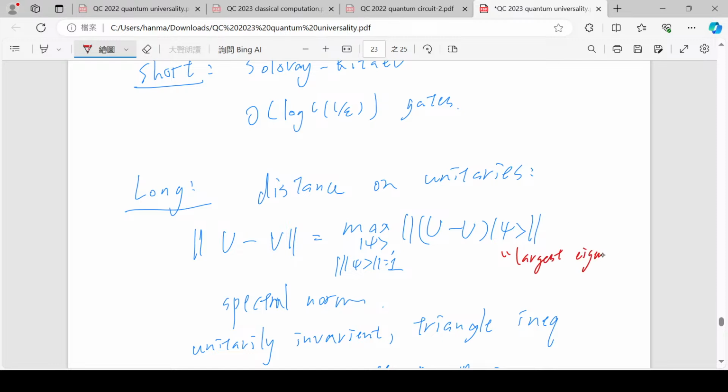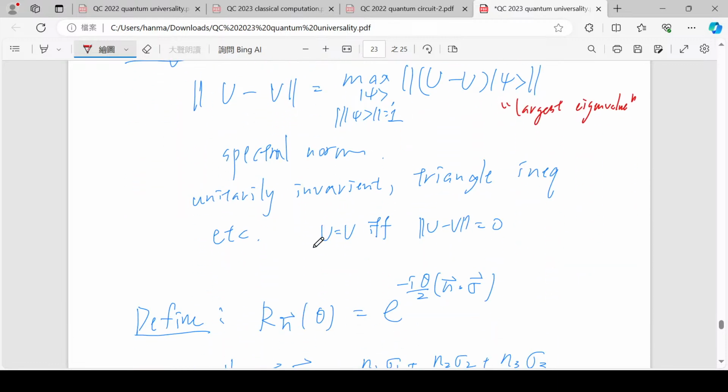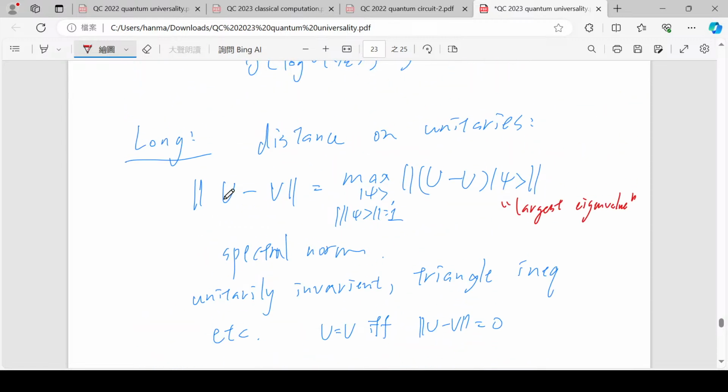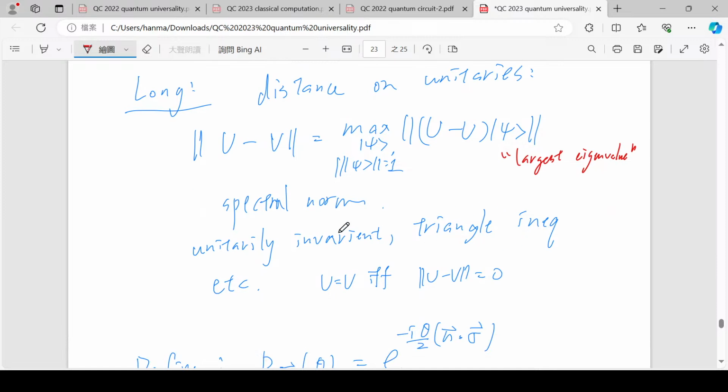You think about it. And it has many nice properties. For example, it's unitary invariant, meaning that if you multiply this by any other unitary before and after, it doesn't change. And that's pretty obvious. And then it also has the triangle inequality, etc. So a lot of things you expect from a norm.